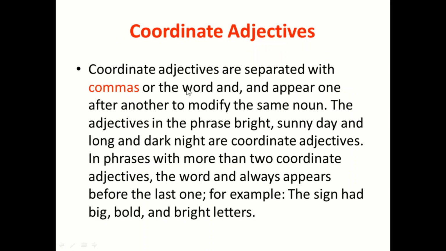Now we have coordinate adjectives. Coordinate adjectives are separated with commas or the word and. Like the coordinating conjunctions we learned before, we use a conjunction in between, and they appear one after another to modify the same noun.